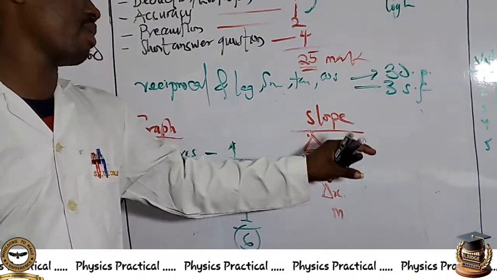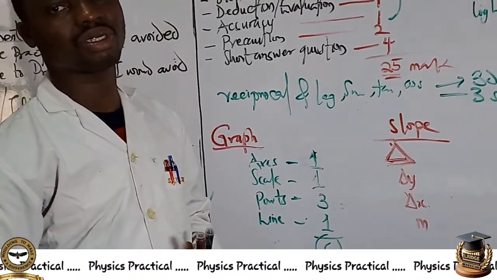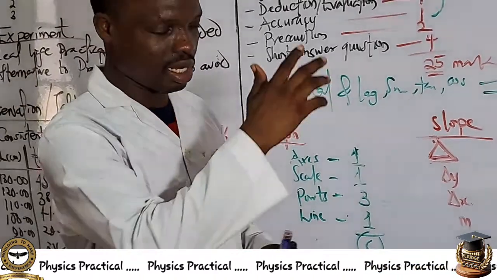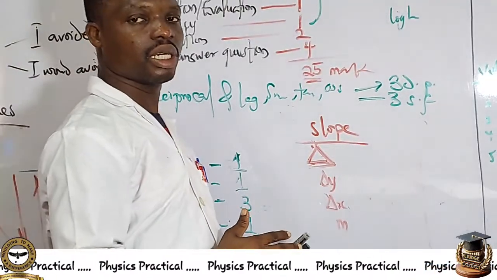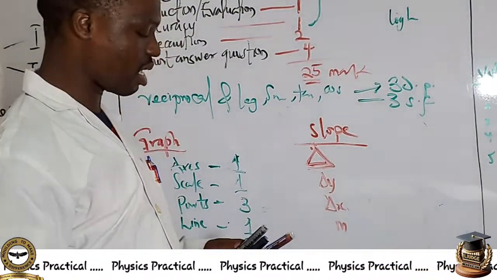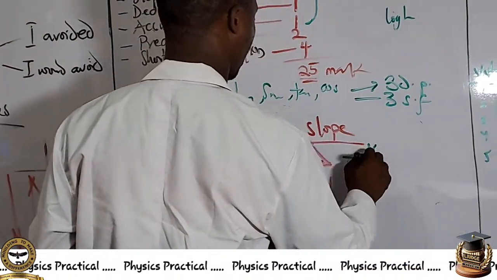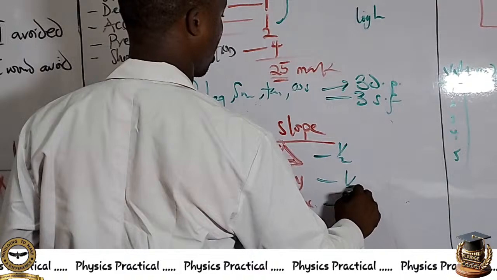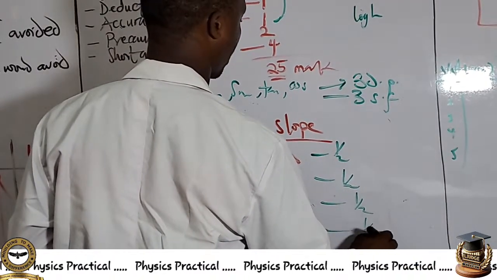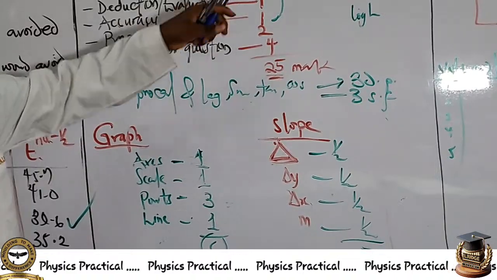Before you can have mark for this, and this, your triangle must be a right angled triangle. It's not a triangle that is shaky or that is bent. It's not going to work that way if you have that kind of result. So this takes half mark, half mark, half mark, half mark. Everything sums up to 2 marks. And that's what we have there.